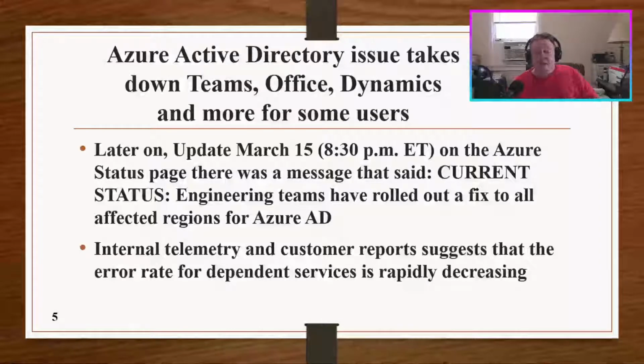Later on that same day, at 8:30 p.m. in the evening, Eastern Standard Time, on the Azure status page, there was a message that said, "Current status: engineering teams have rolled out a fix to all affected regions for Azure AD. Internal telemetry and customer reports suggest that error rate for dependent services is rapidly decreasing."